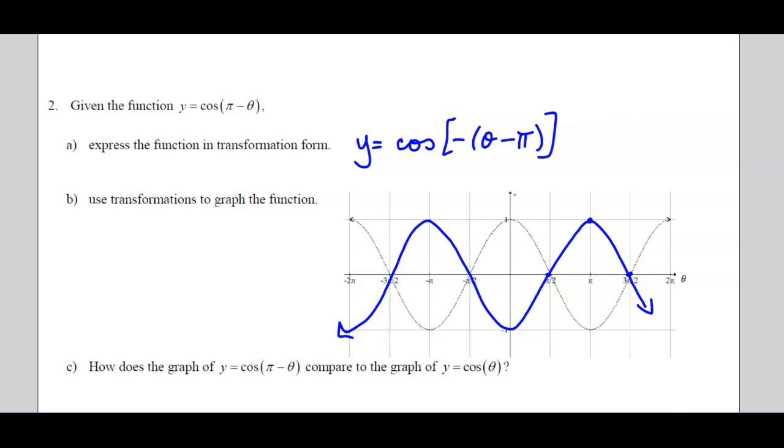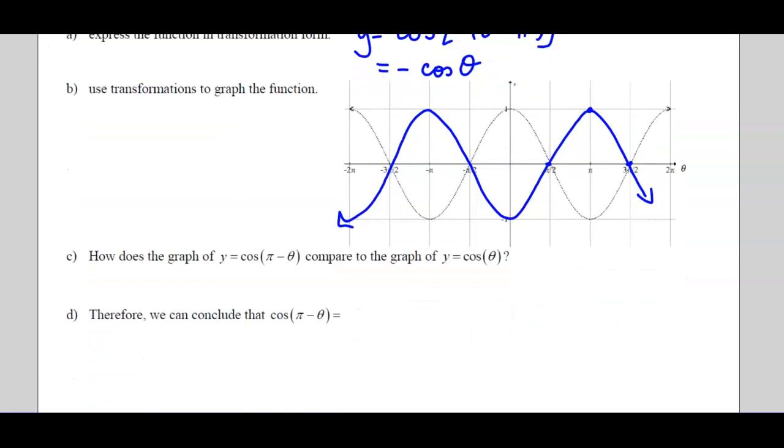But this is equal to negative cosine. That's simplest, right? That's much easier to deal with than a translation again. So those are equal.